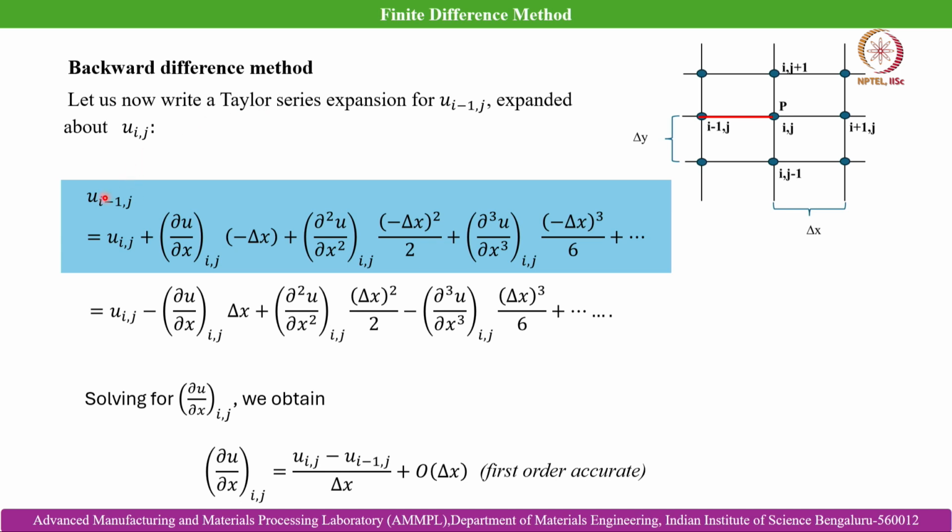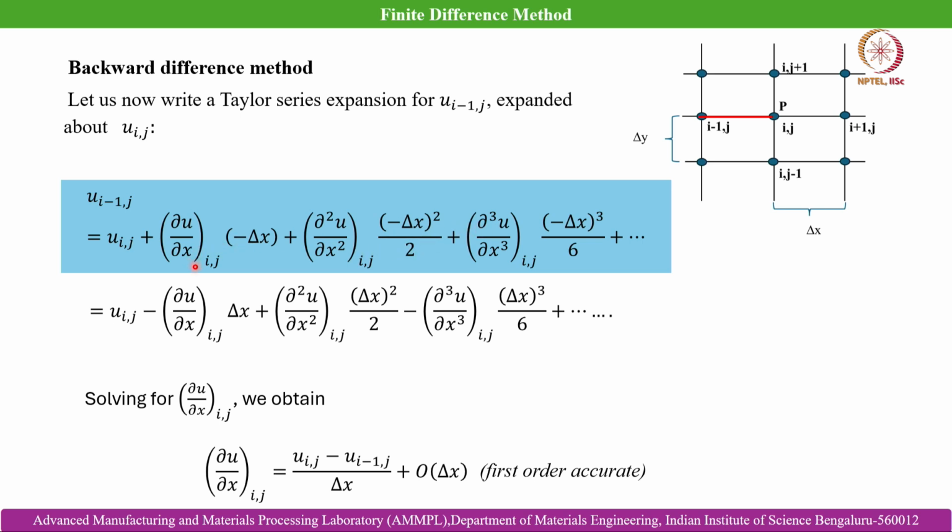How can we determine that? u i minus 1, j we can expand as u i, j plus del u del x at i, j times minus delta x, plus, why minus delta x? Because, as I told you, it is in the negative x direction. That is why we are putting the minus sign over here to show the distance of the point i minus 1, j from i, j, and then these are the higher order terms.